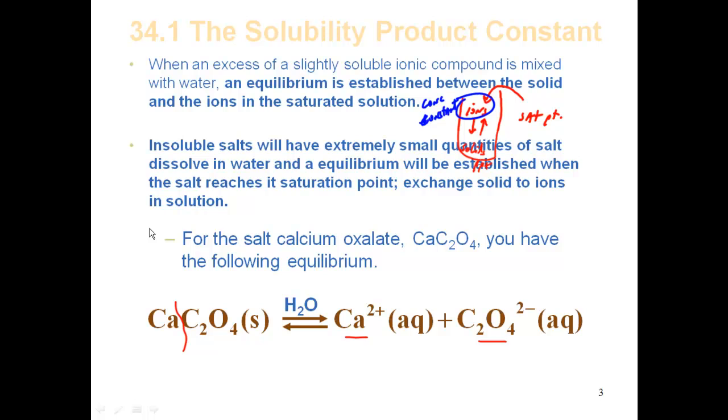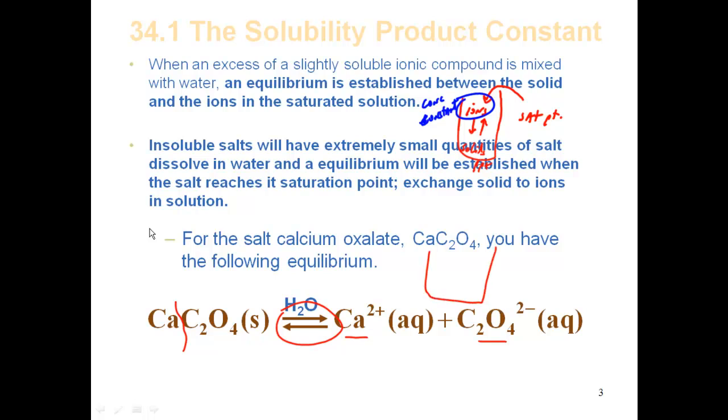Same way we have written the soluble salts. Major difference though is instead of a single arrow, meaning 100%, we write a double arrow. Same scenario we did with a strong acid and a weak acid. Strong acid, we wrote it the same way as we did a weak one, except we had a single arrow versus a double arrow. Same thing with the salts. Write them the same way, except we have a single arrow versus a double arrow.